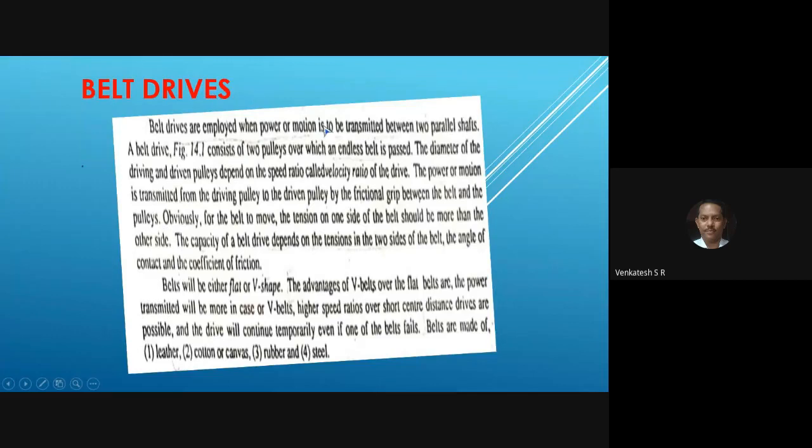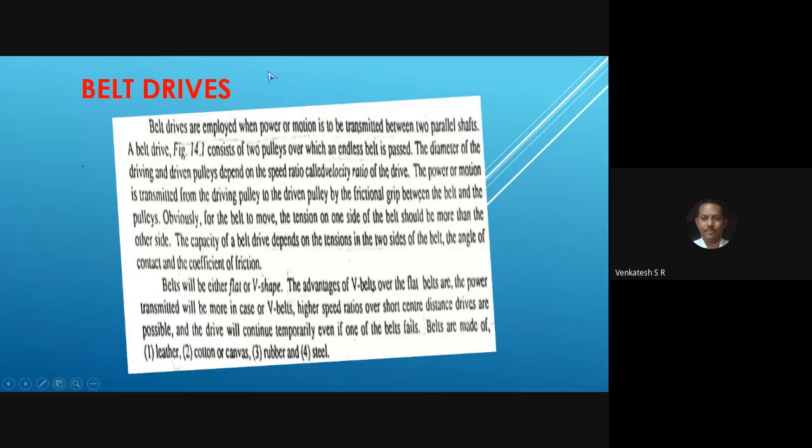The belts are made of leather, cotton, canvas, rubber, and steel. Belt drives are mainly used for transmitting the power from one place to the other using parallel shafts, or where there may be a change in the angle of the shaft.